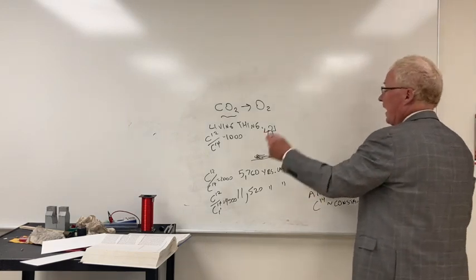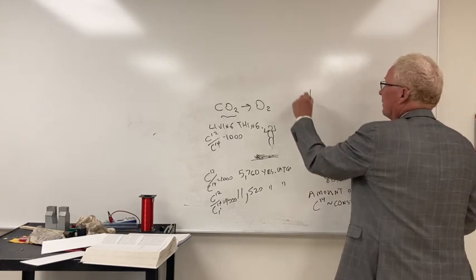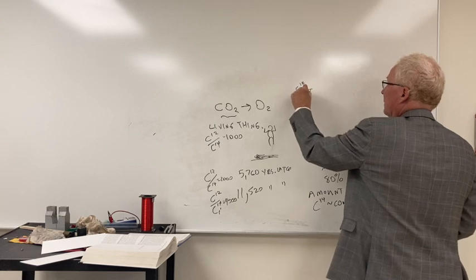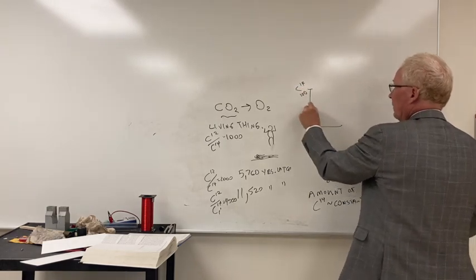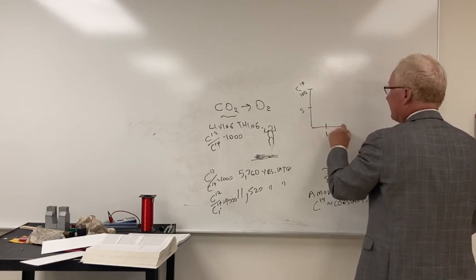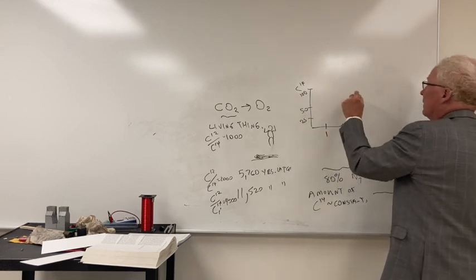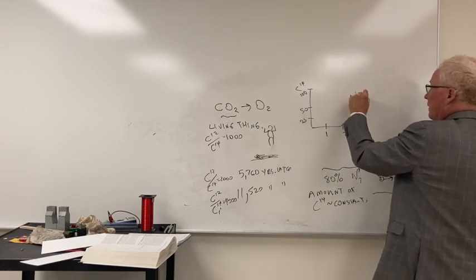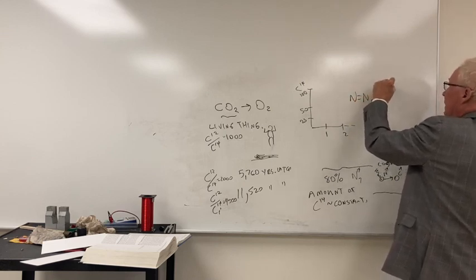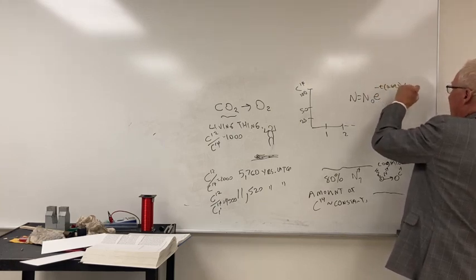So if we start with 100 molecules of C14, after one half-life, it'll be 50. After two half-lives, it'll be 25, and so on. And so N will be N naught e to the minus t times 0.693 over t half-life.